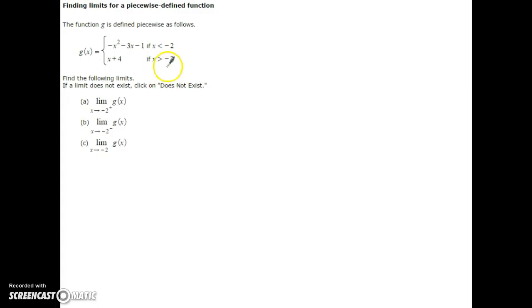Now this chapter is about finding limits. In other words, we are trying to find, if your x approaches a value, what is your function going to approach? As x approaches a value, what is your y going to approach? That's what we mean by finding limits.